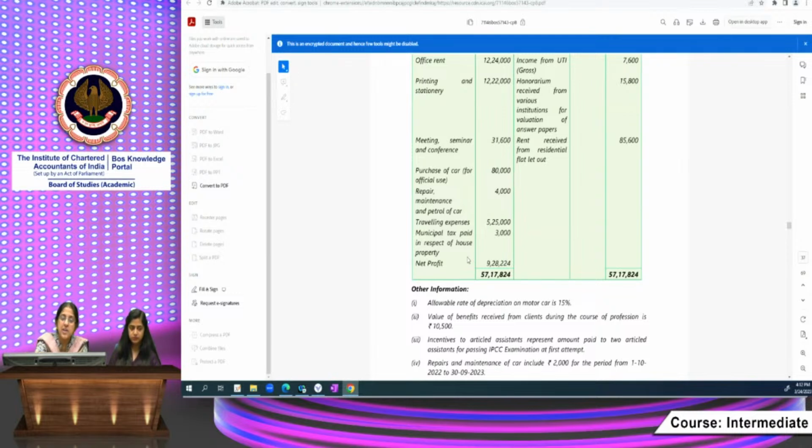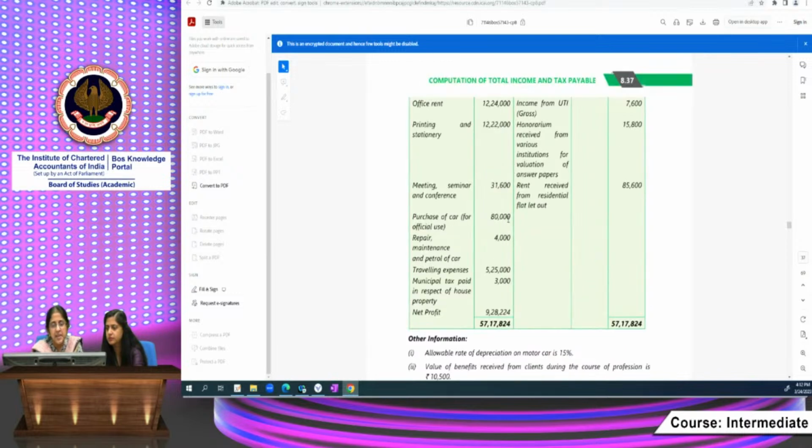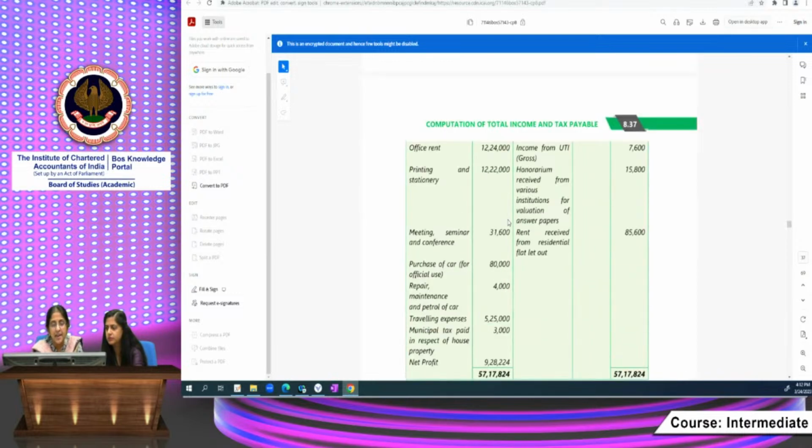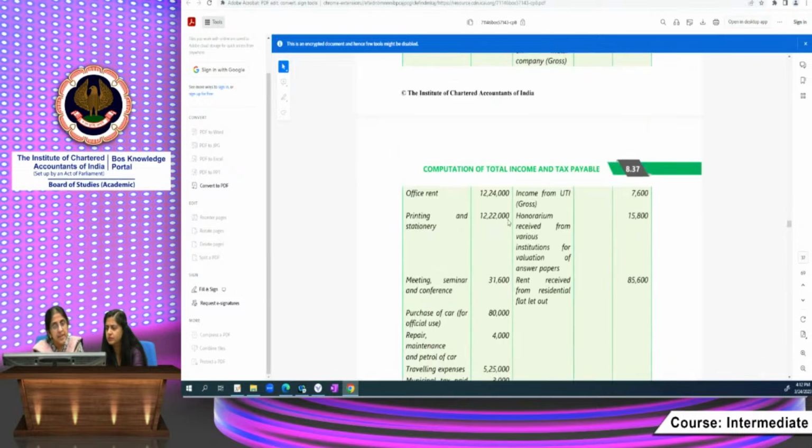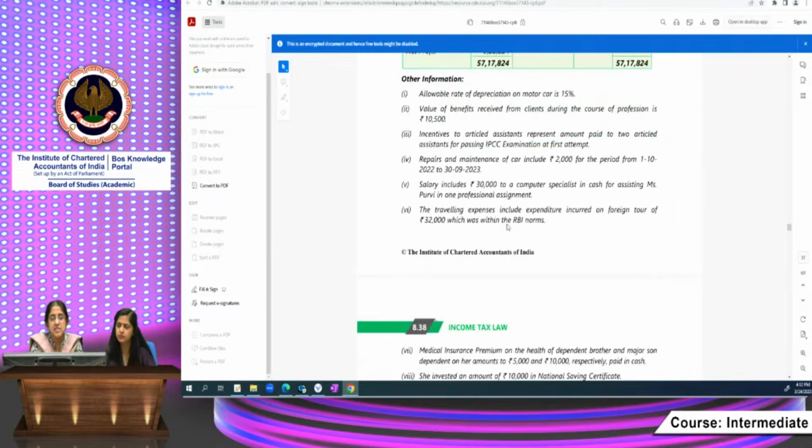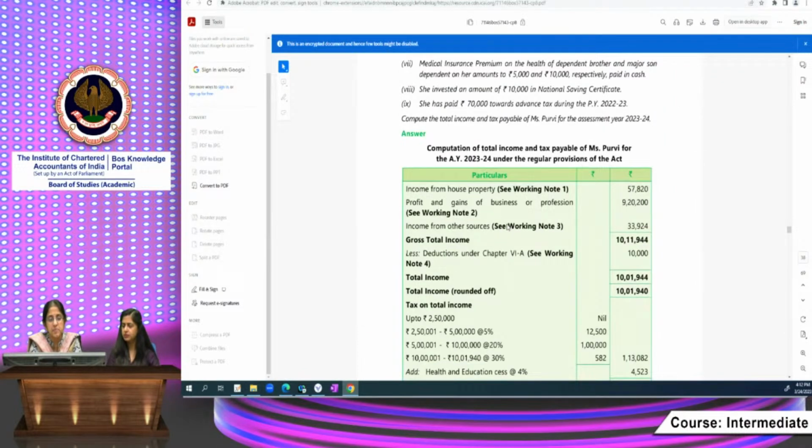But whatever is already debited to my P&L account has already been considered. So if something is not to be allowed, I'll have to add it back. Like 928,224 is my starting point. Municipal tax paid in respect of house property, I'll have to add it back because that is from the computation of my income from house property. In this case, it's fully for this particular purpose.